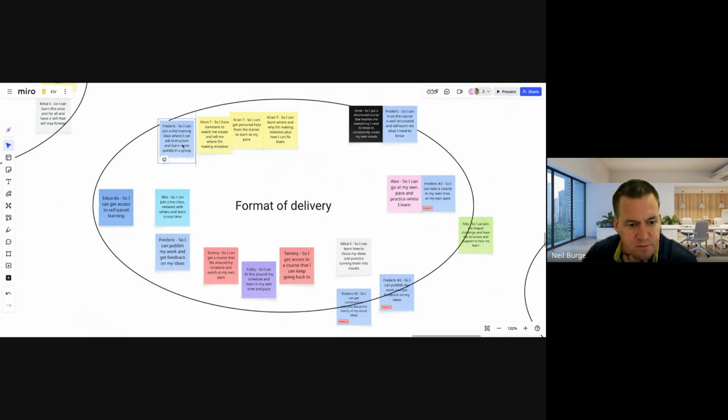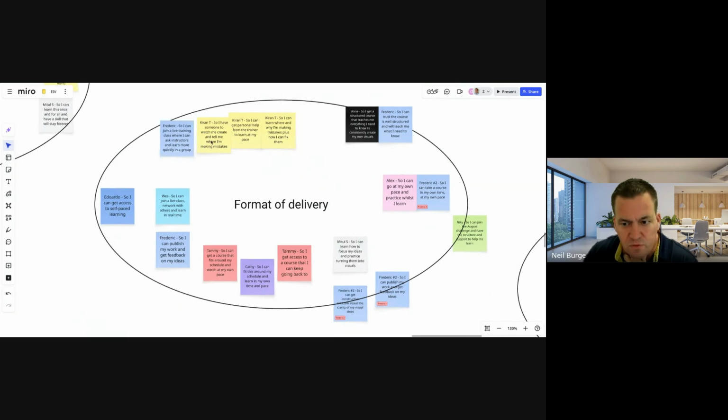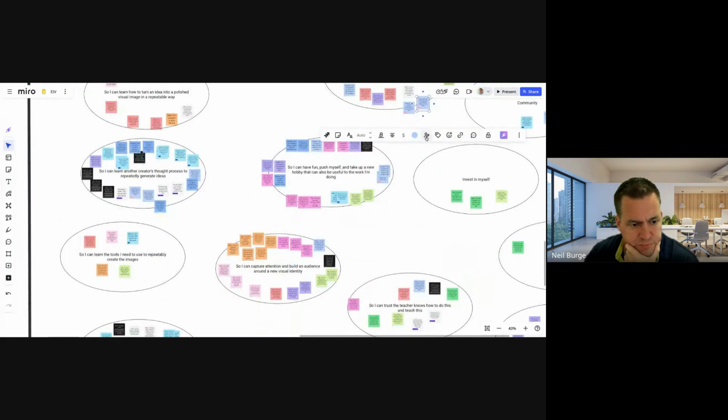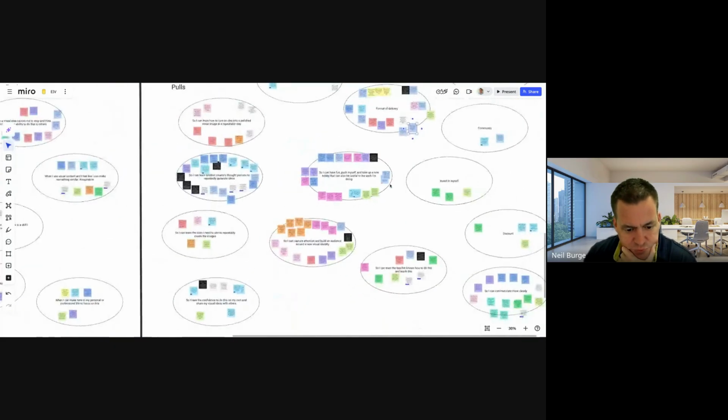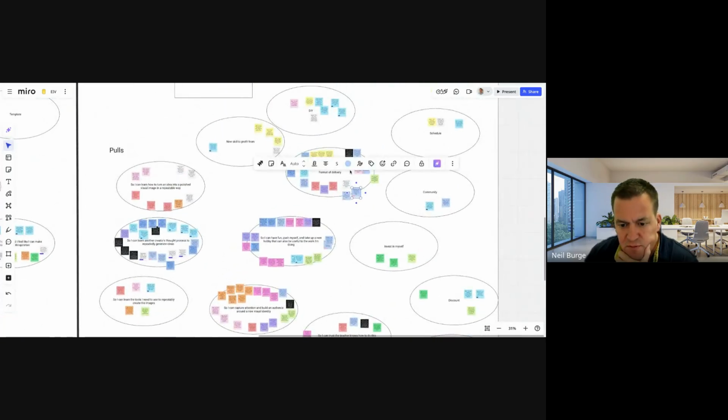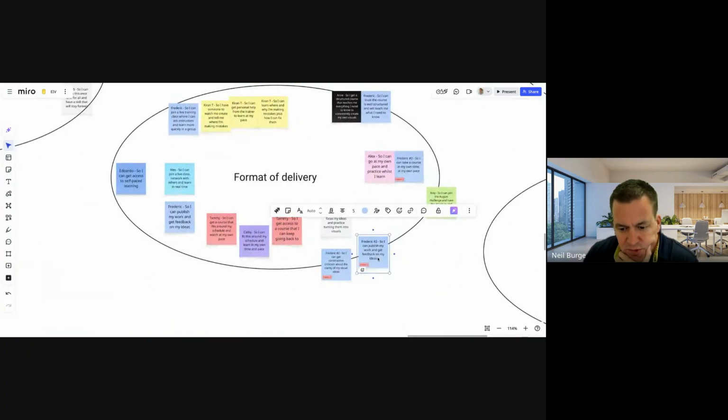But this is where the two stories were different. Publish my work and get feedback on my ideas. Is that in the structure of this? Yeah, I think it probably is.